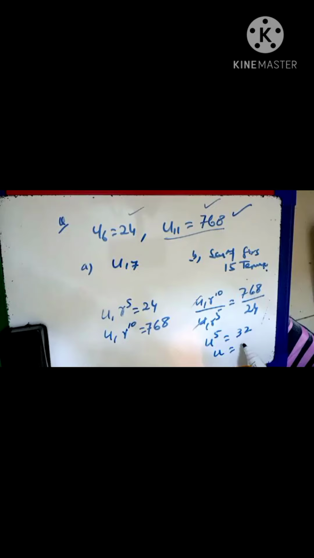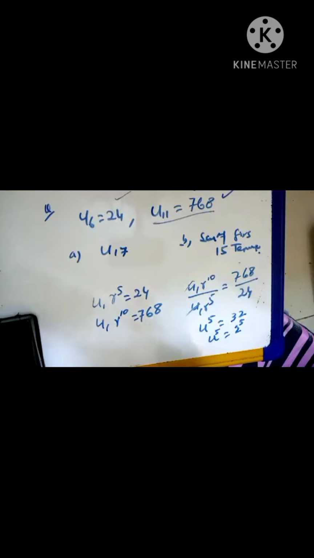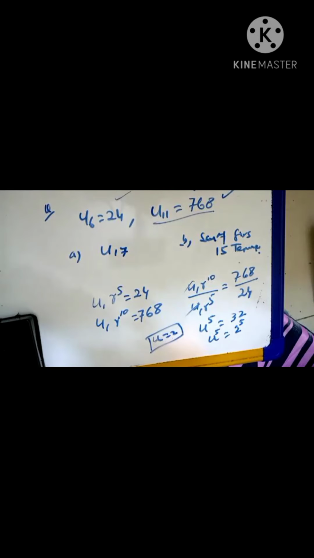Yeah, 32 means 2 raised to power 5, as I told you in index notation. So your answer is 2. Sorry, this is R. U1 is already cancelled. So you get R is equal to 2.